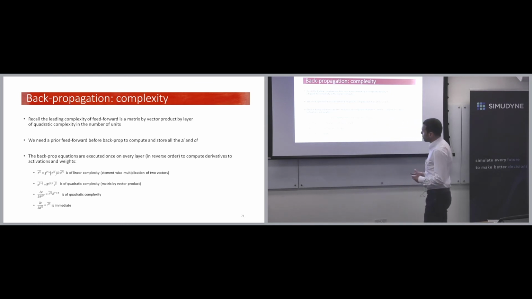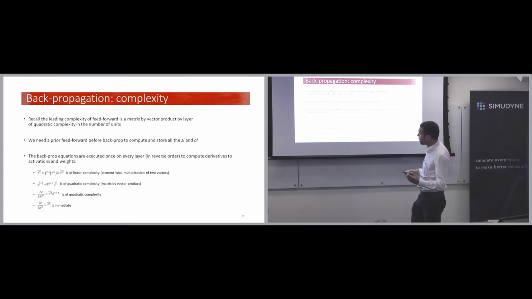So we see that in order to make a prediction, we have one matrix by vector product for every layer. For backpropagation, we have two matrix by vector products for each layer.